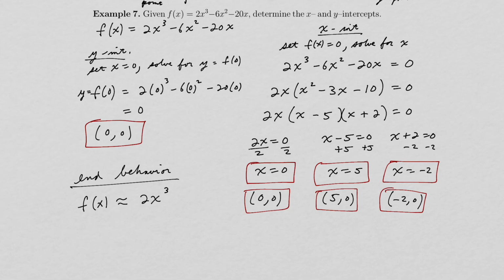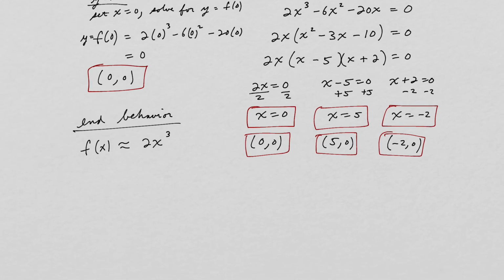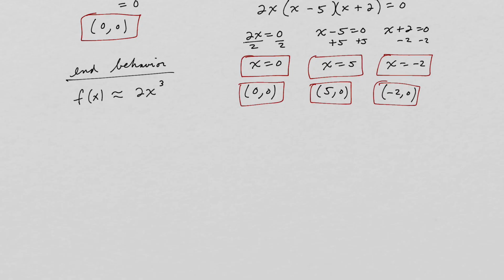And we know what that looks like. That's something like this. Since it's an odd exponent and the coefficient is positive, it's going to look something like this, like a regular cubic function.